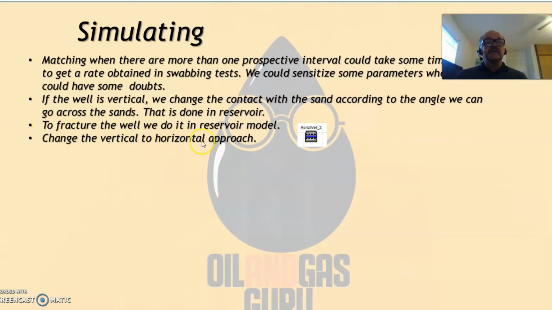If we want to see how the well can produce in a horizontal configuration, we have an icon for that, and we change the vertical for horizontal, and then we put, like I said, how much we want to navigate: 500 feet, 1,000, 1,500, whatever.